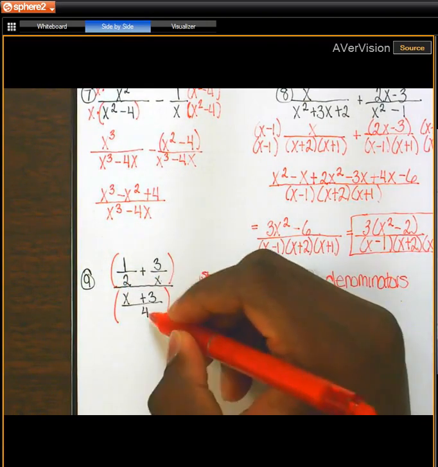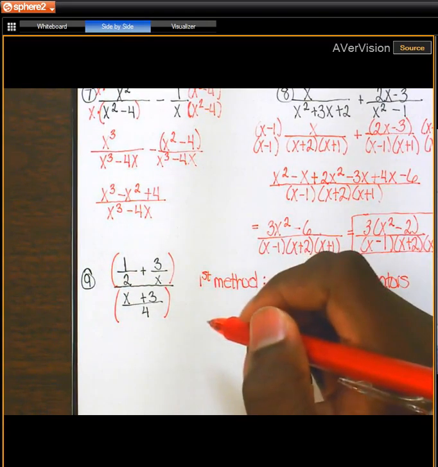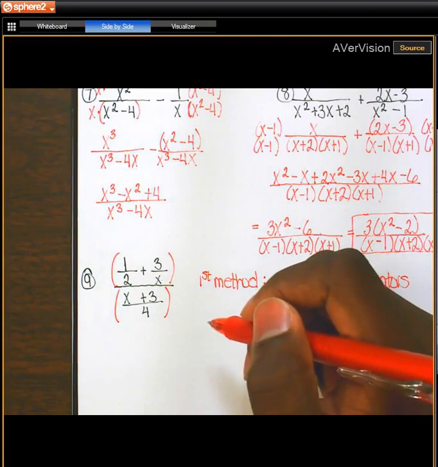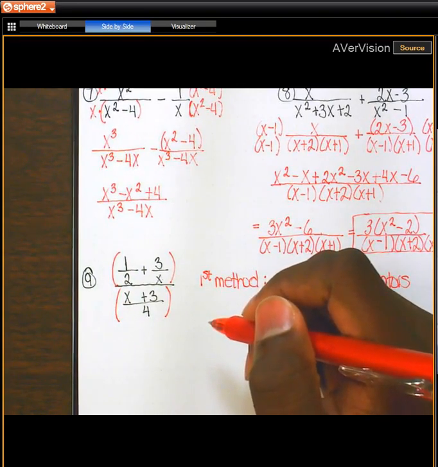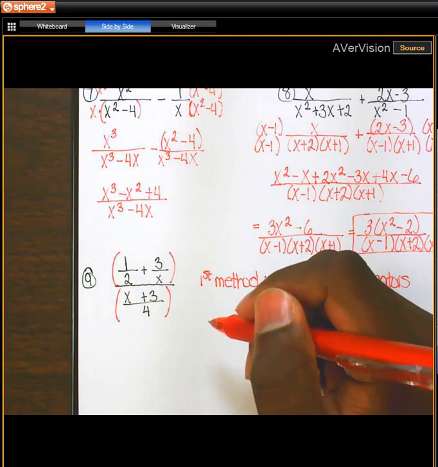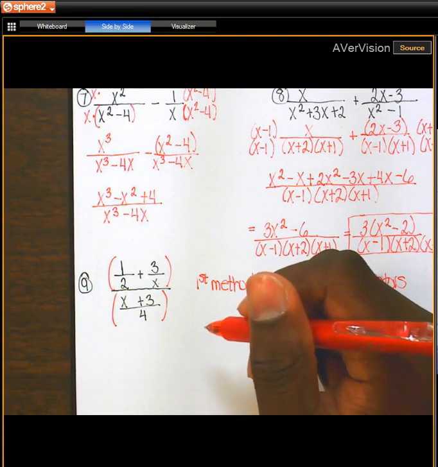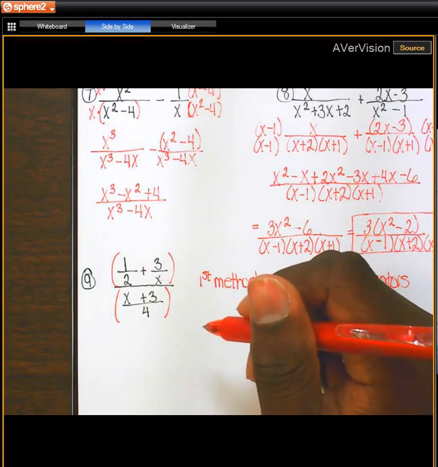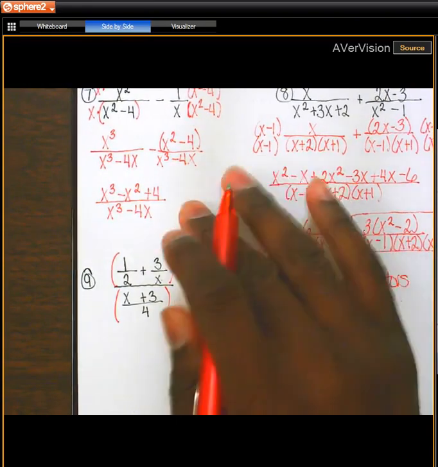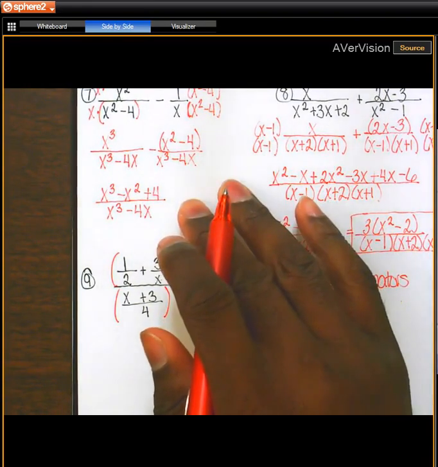Between the 2 and the 4, what's the greatest common factor? It's not greatest common factor.